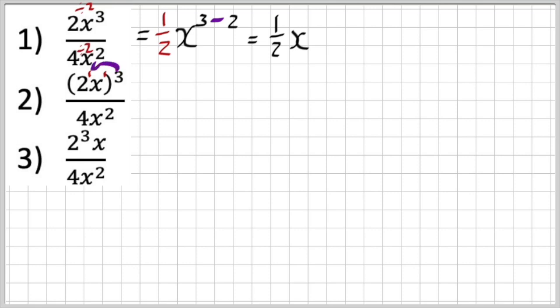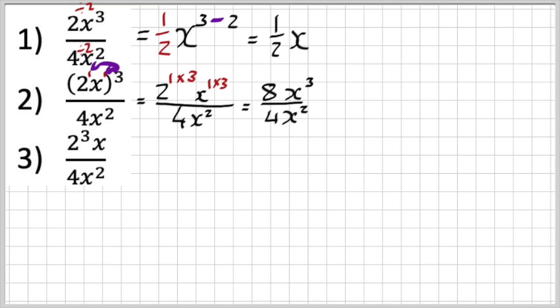Law 4 says I can distribute that 3 in, and this gives me 2 to the power of 1 times 3, x to the 1 times 3, all over the denominator 4x squared. So in the numerator, I can now say 2 to the power of 3 is 8, and x to the power of 3 is just x to the 3.